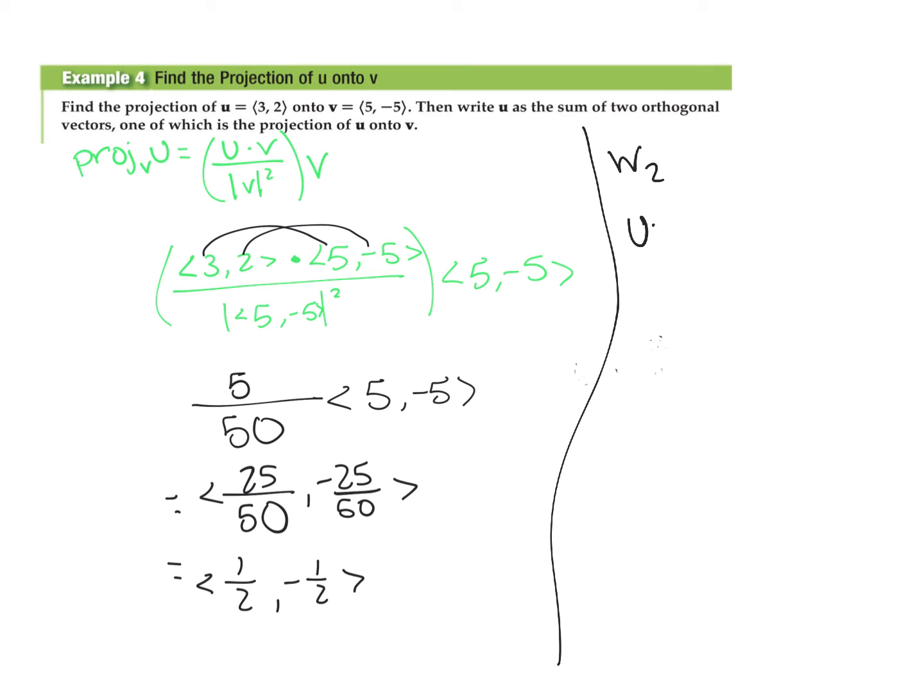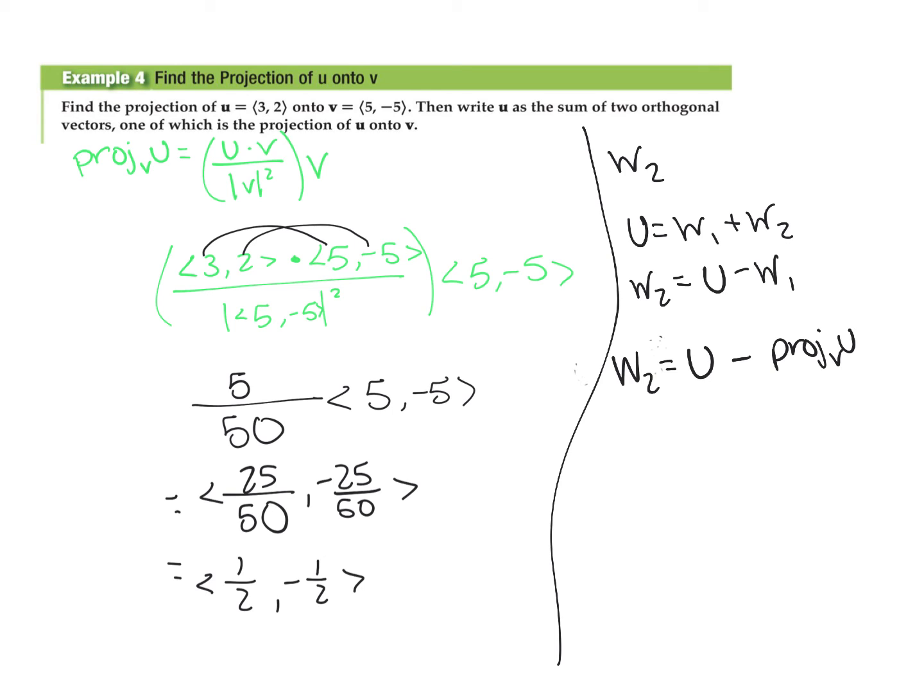U, the vector, is equivalent to W1 plus W2. So W2 is equivalent to vector U minus W1. W1 is equivalent to the projection of U onto V. So we can write this as W2 equals U minus the projection of U onto V.